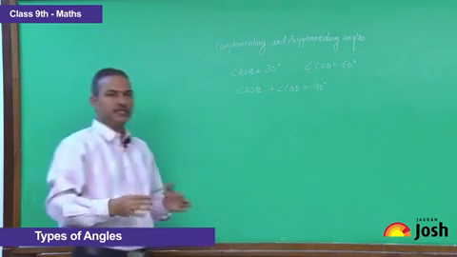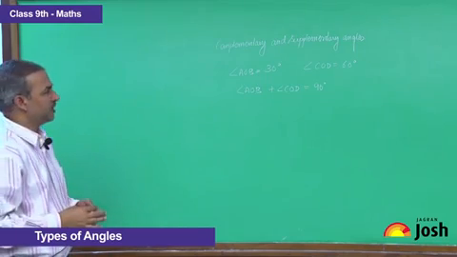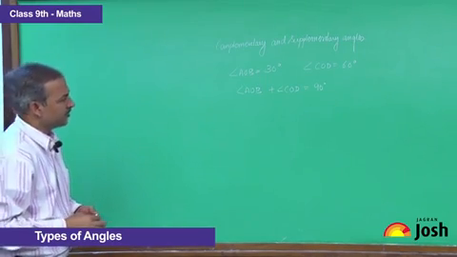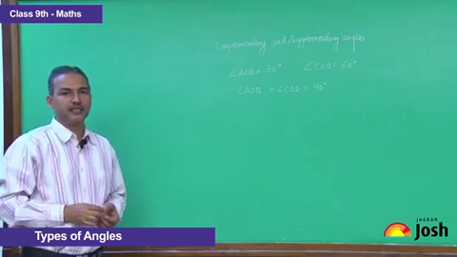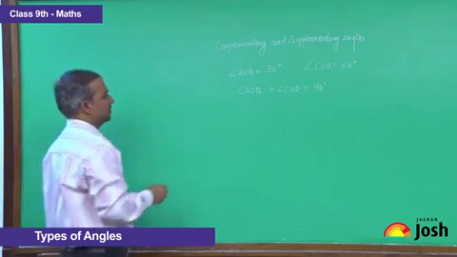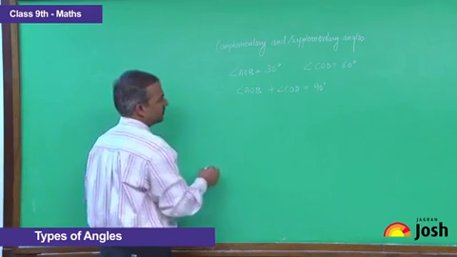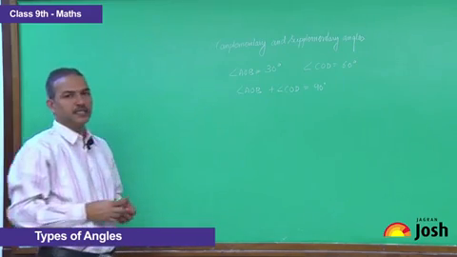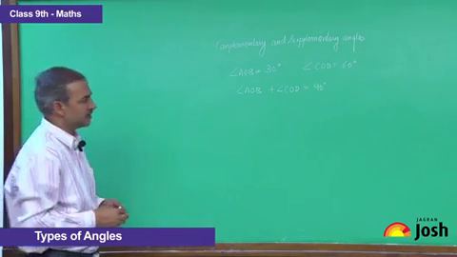Any two angles, anywhere in this available space, if the sum of their measures is equal to 90 degrees, are said to be complementary. Similarly, if the sum of the two angles is equal to 180 degrees, they are called supplementary angles.